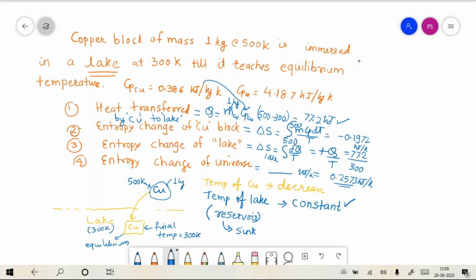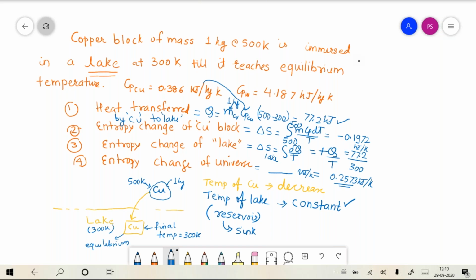We need to understand why we are calculating this. We are calculating this to understand how irreversible the process is. We know that because there is a finite temperature difference between the copper block and the lake, that finite temperature difference is responsible for irreversibility.